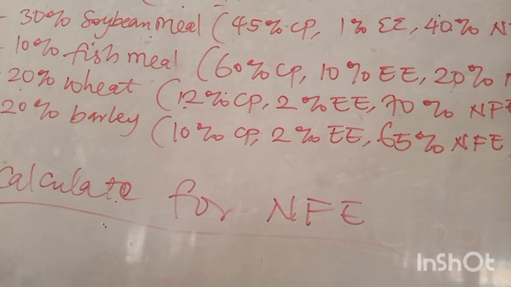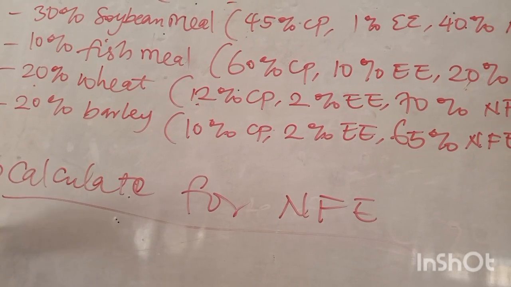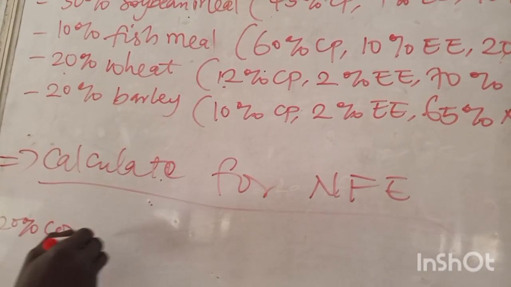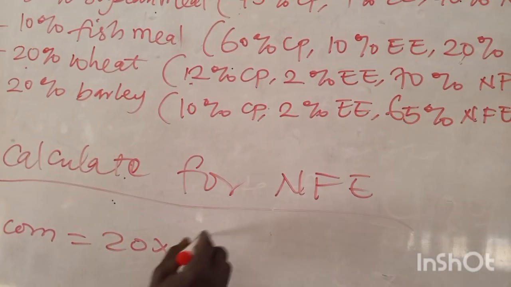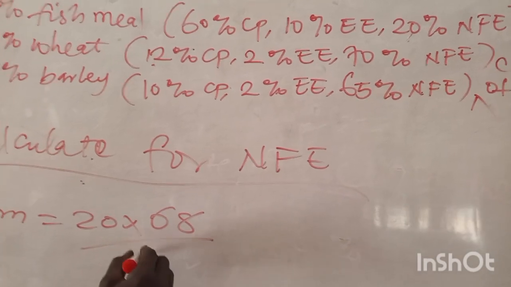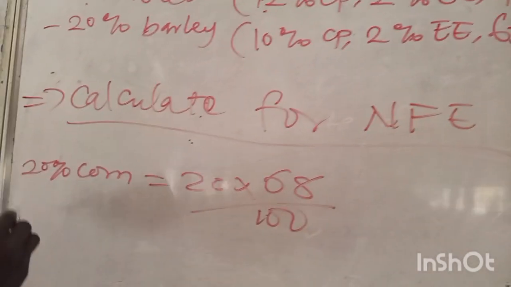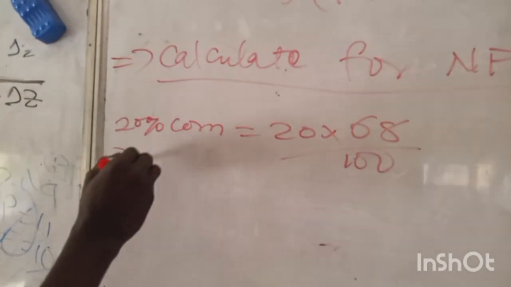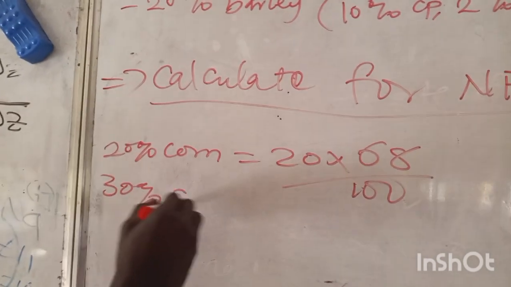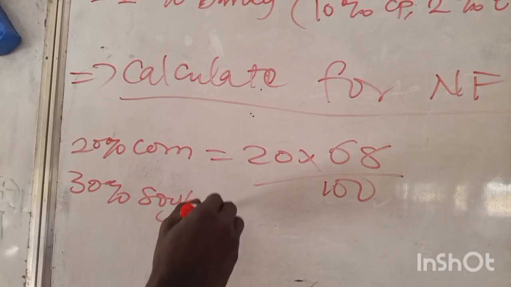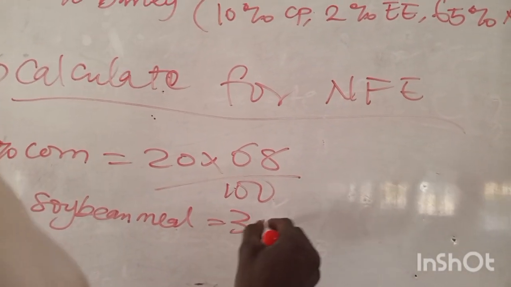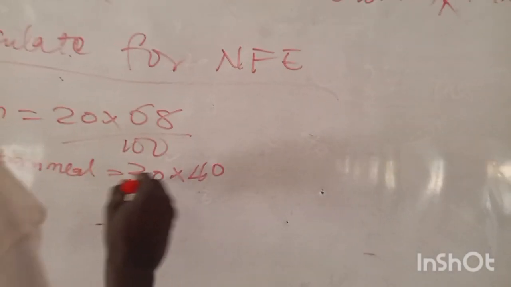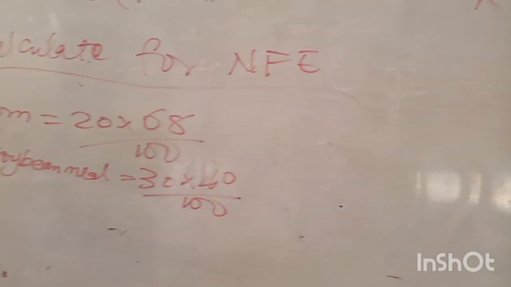You say 20% corn will give us 20 times our NFE, which is here 68, divided by 100, and we come down to 30% soybean meal to be equal to 30 times our NFE is 40 divided by 100. I hope you are all getting it.